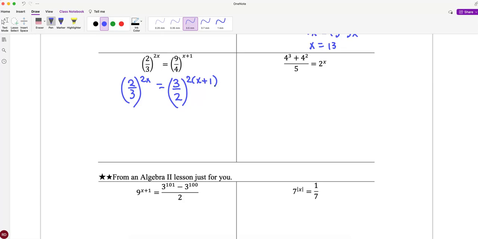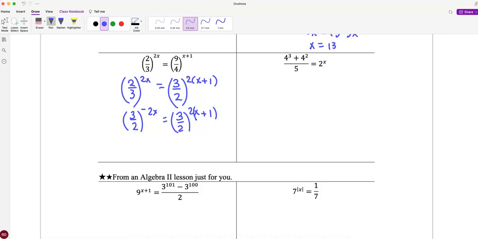All right, that's 9 over 4. But now I've got a 2 thirds and a 3 halves, so I just need to flip one of them. So write this one as 3 halves to the negative 2x equals 3 halves to the 2x plus 1.